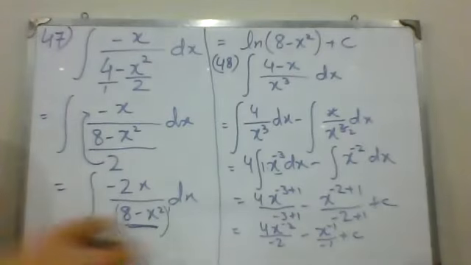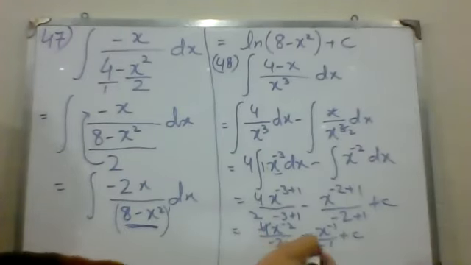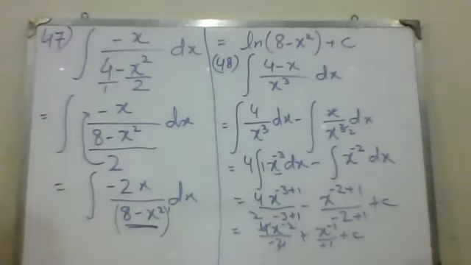Further, cancel 2 with 2, and minus times minus is plus. So that is your required answer. Okay, did you understand the problem? We can solve such types of problems using this. Yes sir. Now the next one.